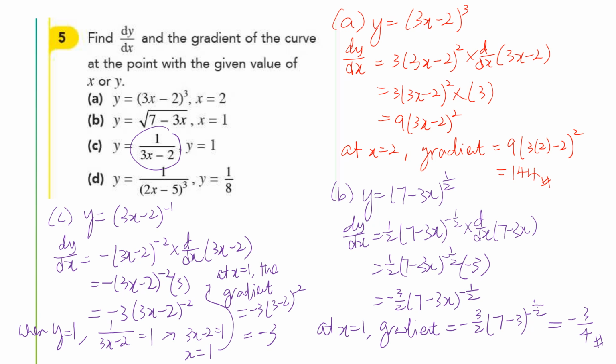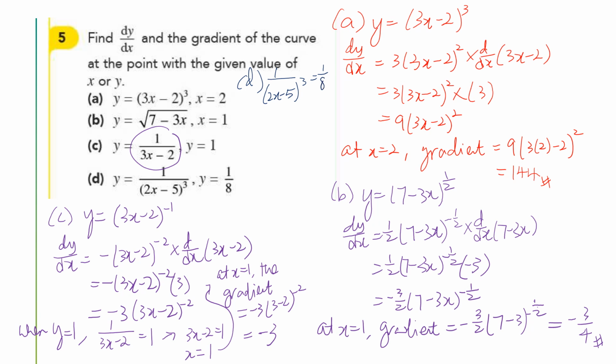Let's move on to part D. If you look at part D again, you're given only the y coordinate and not the x coordinate. So we will have to substitute y equals 1 over 8 to find the x coordinate. We need to equate 1 over (2x minus 5) to the power of 3 equals 1 over 8.